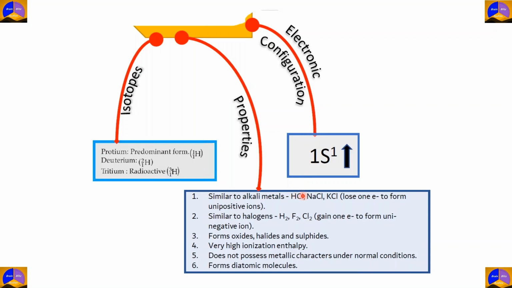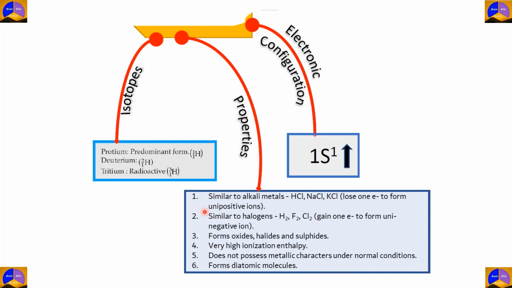Hydrogen is H+ in its ionic form in this compound. Sodium is also Na+, and potassium is also K+. Now they lose one electron to form unipositive ions, which is the case in these three compounds.